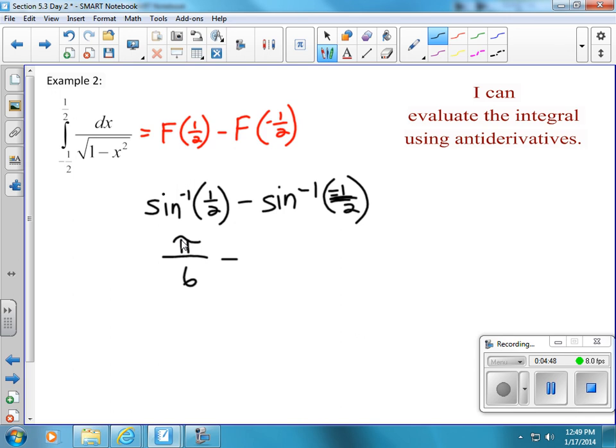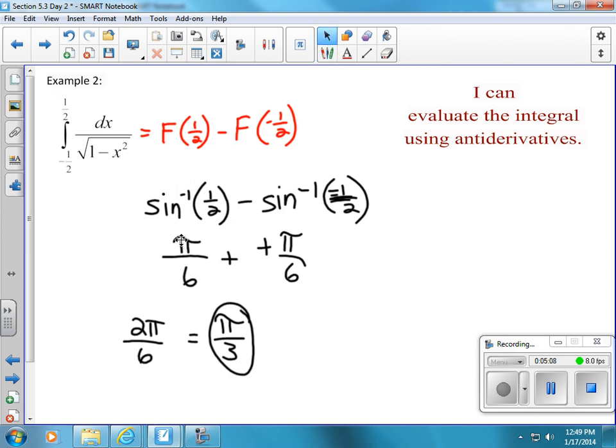I can't write it in because of my board. But anyway, negative 1/2 is at negative pi over 6. And therefore, your answer is pi over 3, which is the same as 2 pi's over 6, because this becomes a plus. All right, that is your answer to this problem.